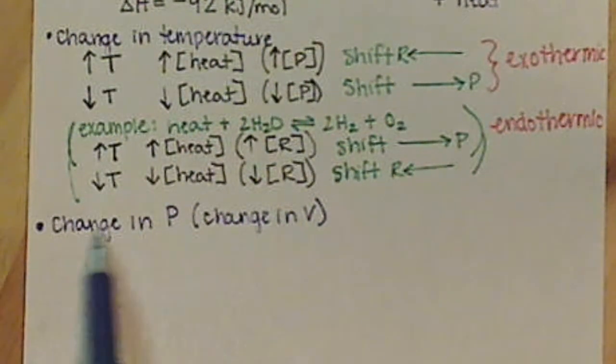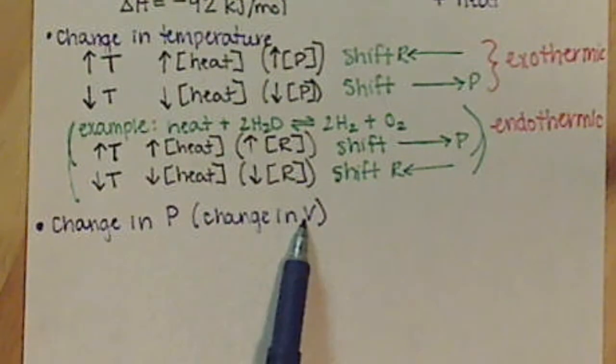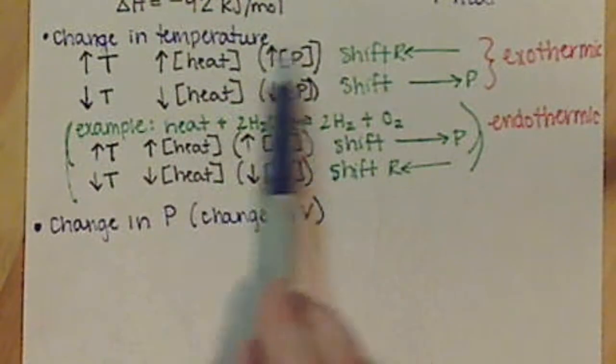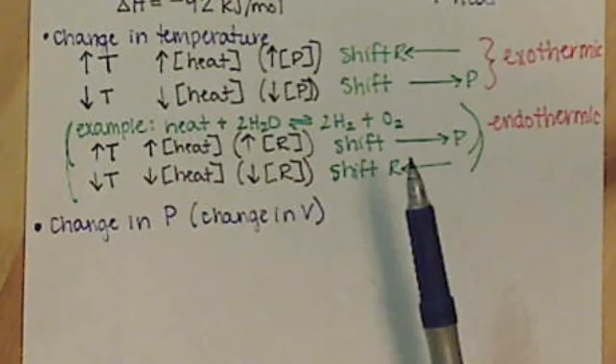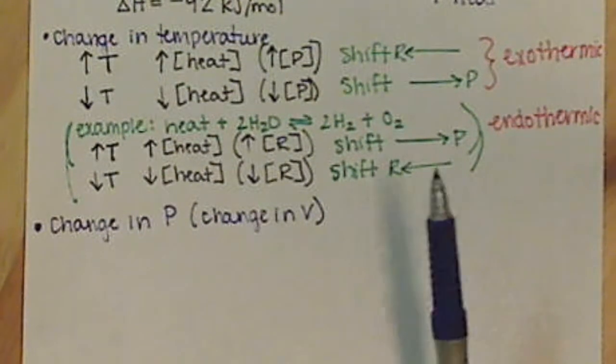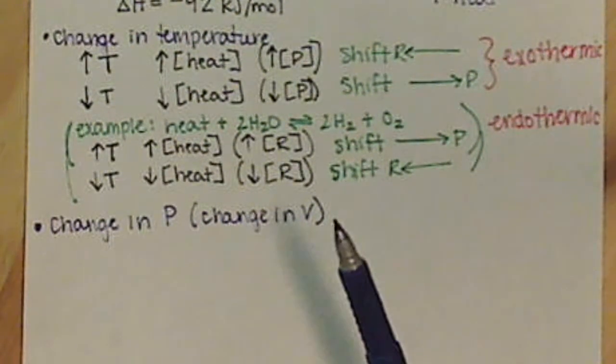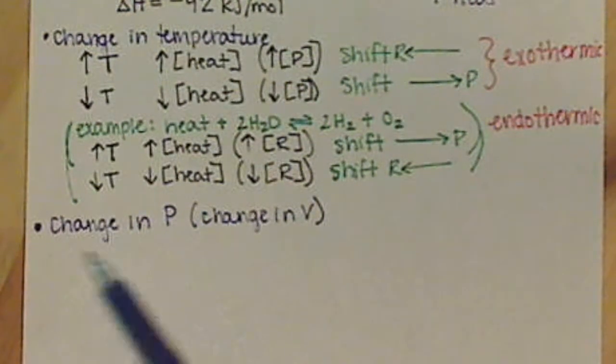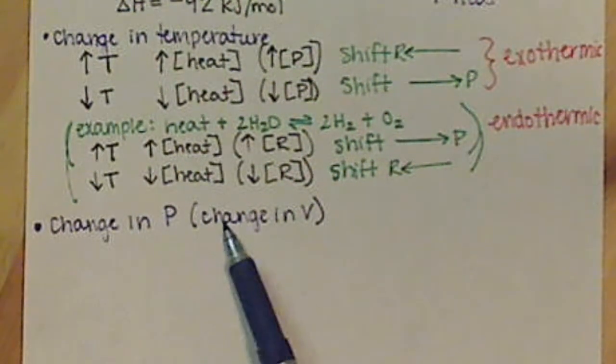Because we're going to be changing the pressure by changing the volume, but we have to keep the temperature constant. Otherwise, we're looking at this situation. And we have to keep our concentration or the amount of gas present the same. Okay? Otherwise, we're changing our n value. Okay? So this is going to only deal with gases.